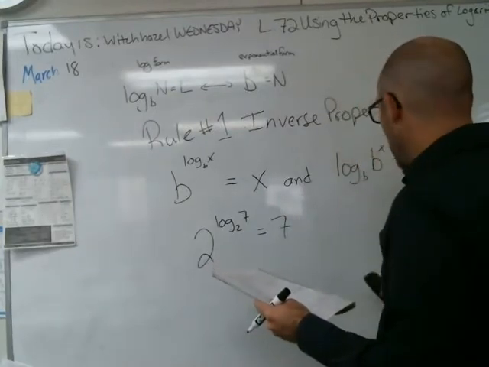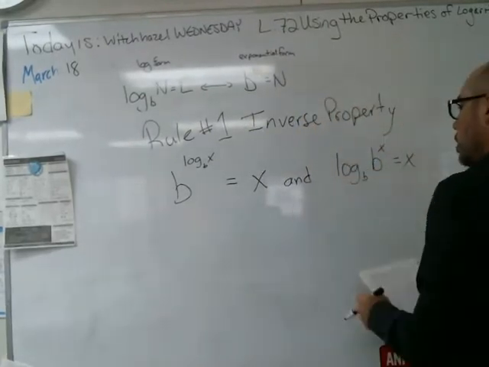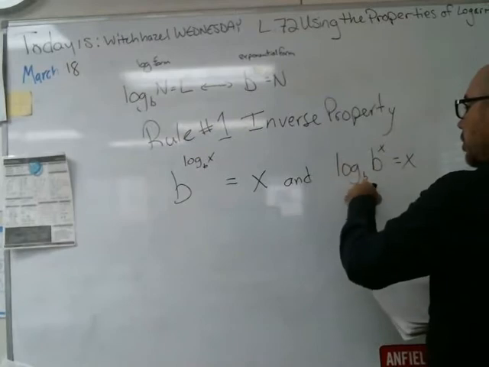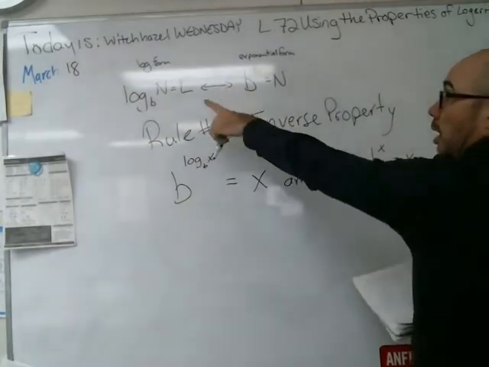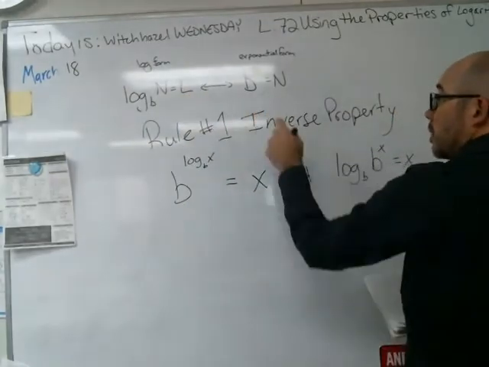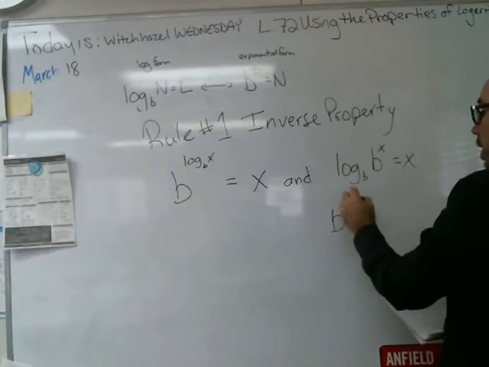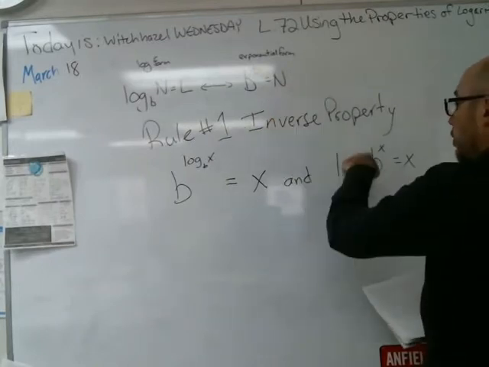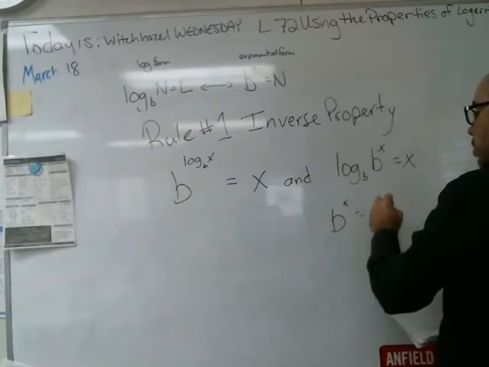Over here on this side, this is basically saying the log base b of this thing. If we change the form, log base b to exponential form, this one becomes b to the x equals whatever was over here, the number, which is b to the x.